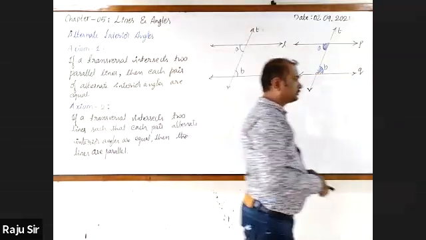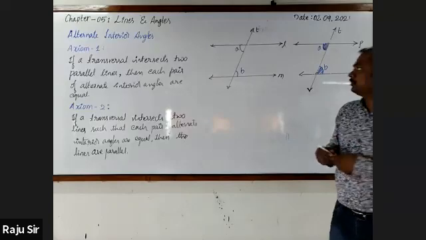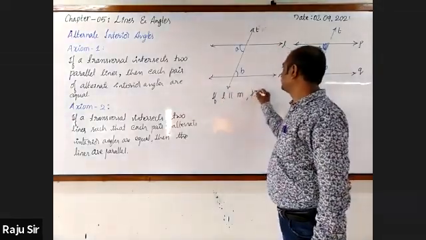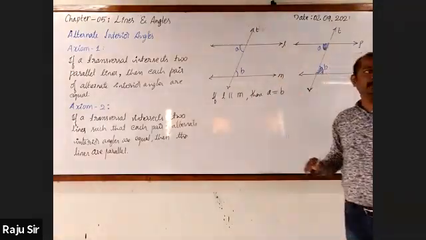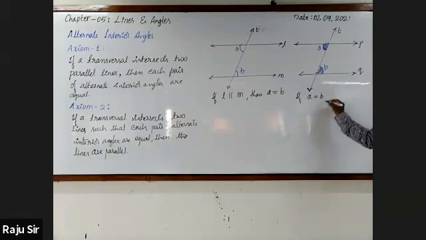First and second. Right. If L is parallel to M, then angle A equals angle B. Here, if alternate angles A and B are equal, then P is parallel to Q.